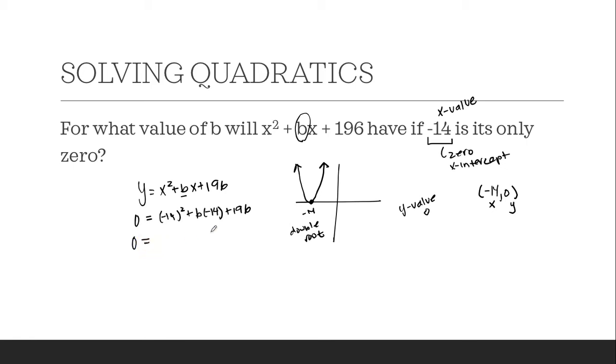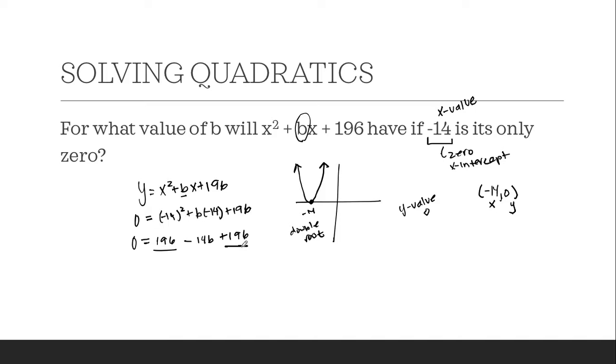So negative 14 squared, and notice I have that in parentheses, because if you just do negative 14 squared without parentheses on Desmos, it's going to tell you negative 196, but it's not. A negative times a negative is a positive. You need to put that in parentheses. So positive 196, negative 14 times b is negative 14b plus 196.